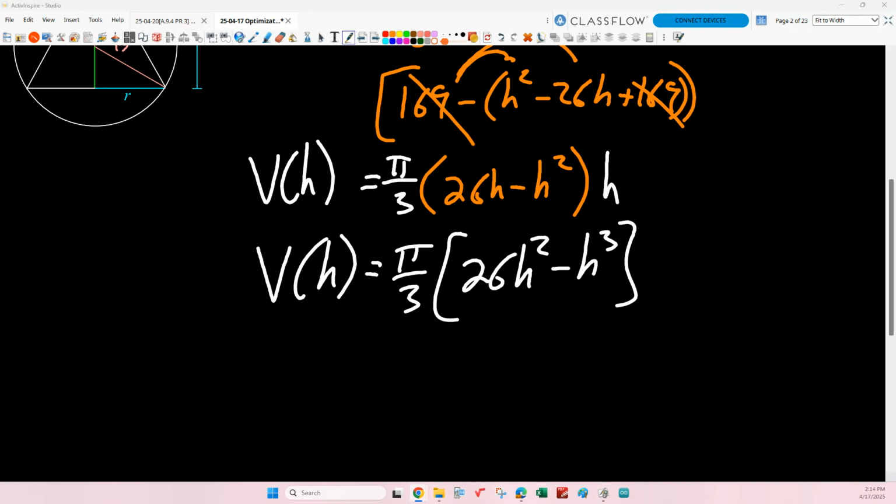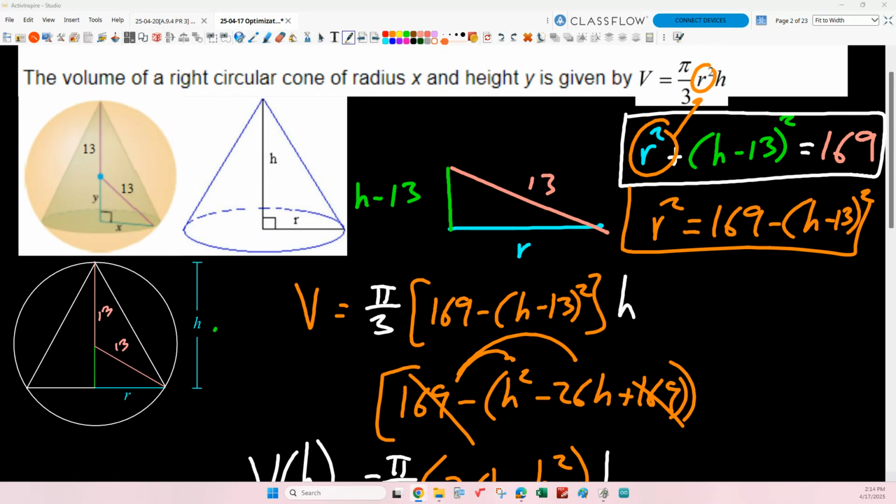And how about my domain? What would my domain be for this thing? What's the smallest that h could reasonably be? 0. I mean, yeah, I guess it could be 0, but we could sort of disqualify some. Here, I'll show you what I mean.